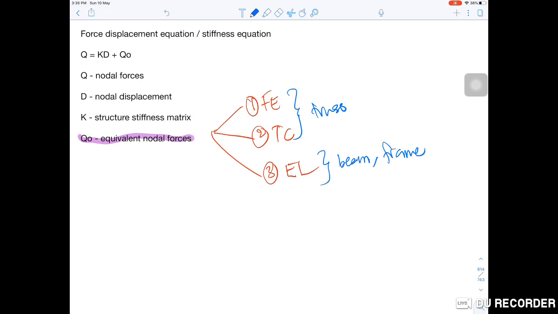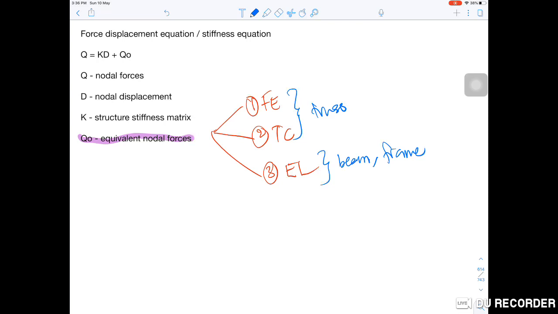Because member cannot carry load, we need to distribute to the nodes, because the stiffness matrix method is about displacement. We find the displacement and we find the forces at nodes, not member. So whatever forces are subjected towards the member, we have to distribute to the nodes. Equivalent nodal forces is about that.